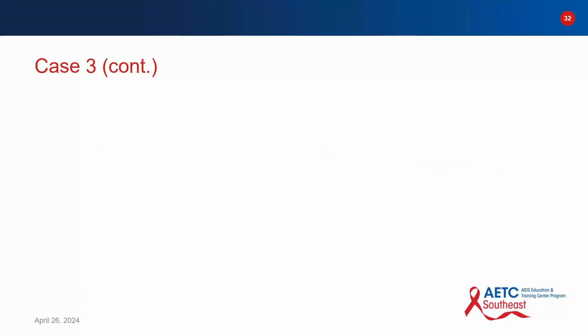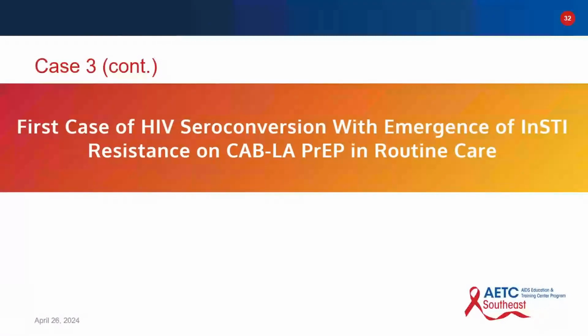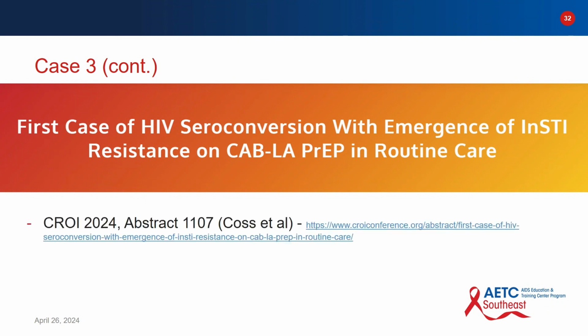All right, so to wrap things up with this particular case, if it sounded familiar, I'm sure it sounds familiar to Monica because she's one of the PIs on the SeroPrep study. It was actually recently presented at CROI by Dr. Kate Koss. This is actually the first case of HIV seroconversion with INSTI resistance emerging as a result of LA-CAB in routine care.